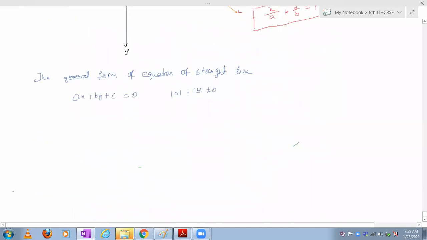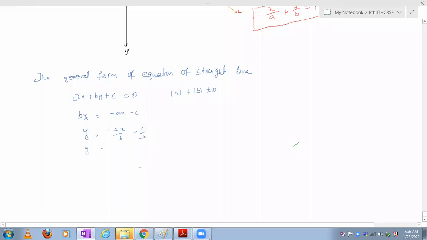Now, from this, I want you to find out what is the slope of the line. So if I write by is equal to, I bring ax to this side, minus ax minus c. Y is equal to what then? Minus ax by b minus c by b.